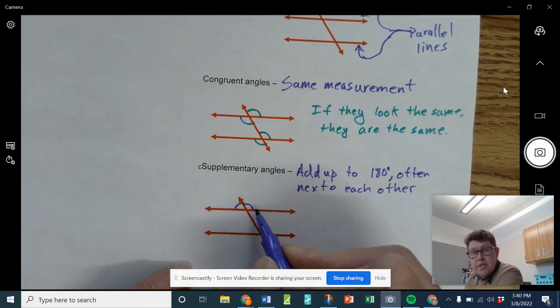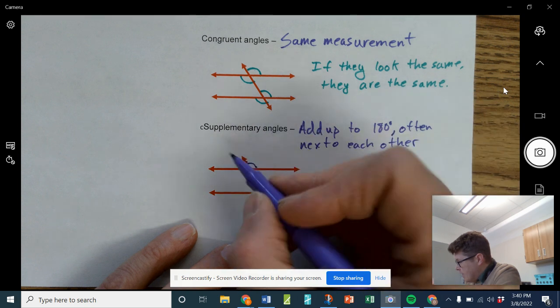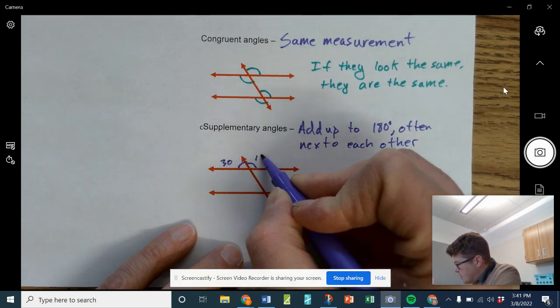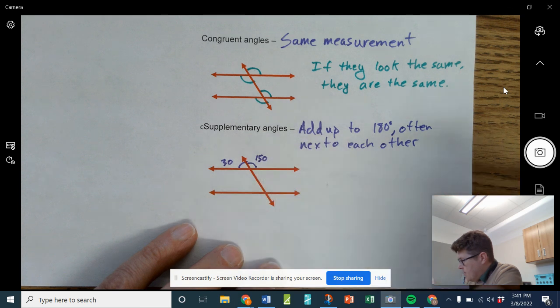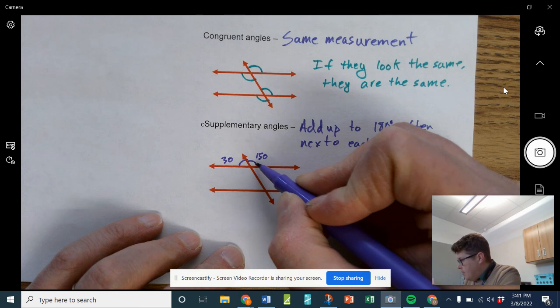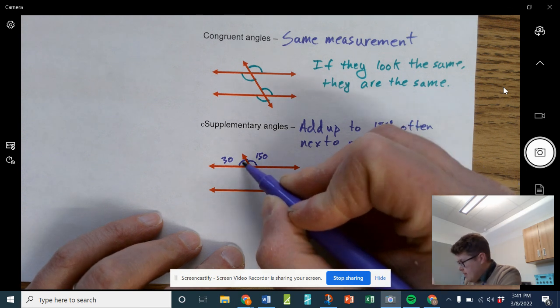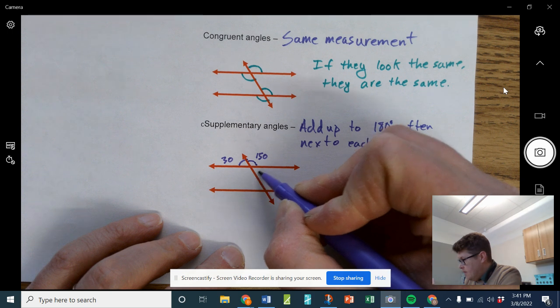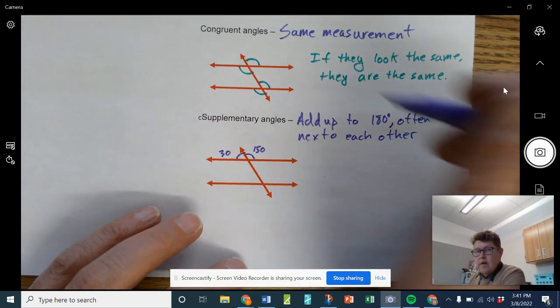They will add up to 180. For instance, if this is 30, this is going to be 150. 30 plus 150 is 180. Similarly, these two would add up to 180, these two would add up to 180, these two would add up to 180. They're all over the place.